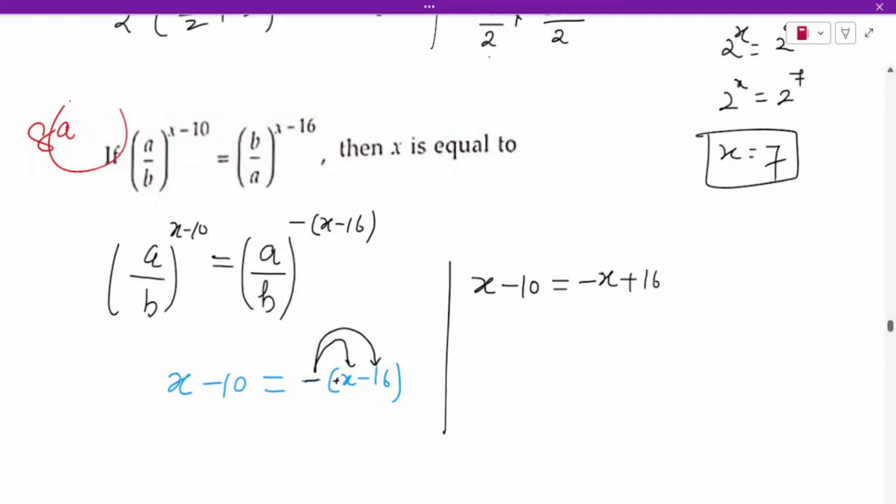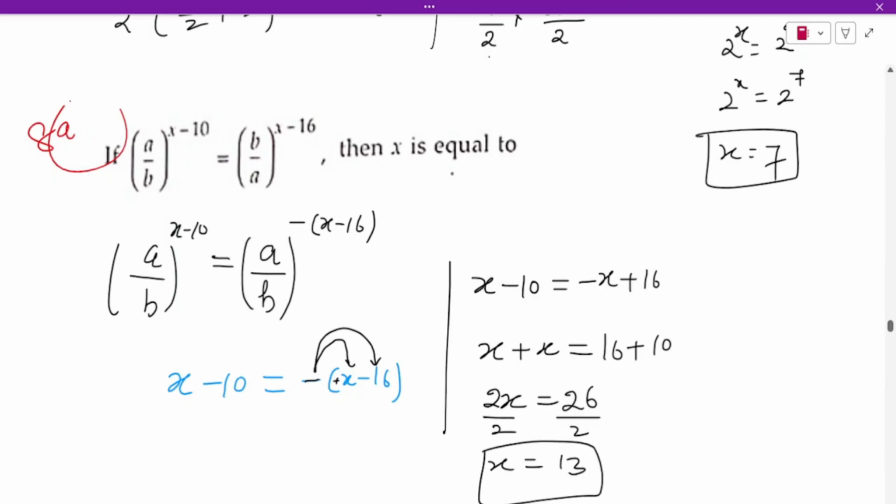Now transposing this x to the left and this minus 10 to the right, we get x plus x equal to 16 plus 10. So 2x is equal to 26. Upon dividing both sides by 2, we get x is equal to 13. So the answer for this question is x is equal to 13.